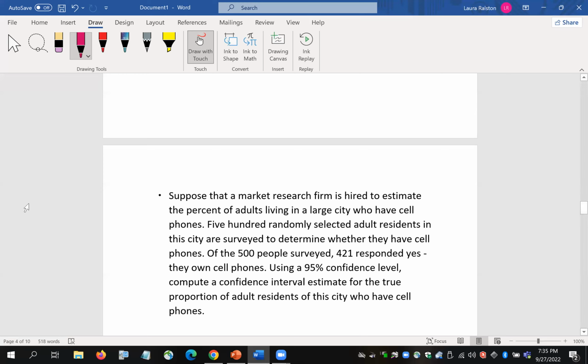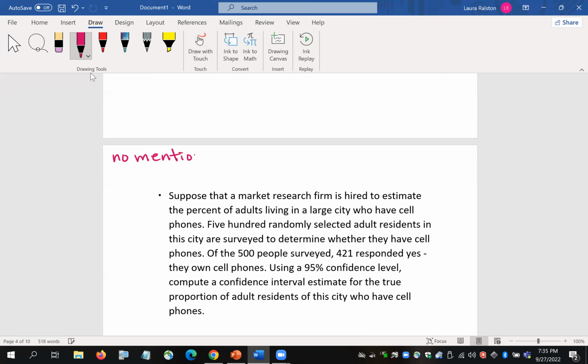Of the 500 people surveyed, 421 responded, yes, they have cell phones. Using a 95% confidence level, compute a confidence interval estimate for the true proportion of adult residents of the city who have cell phones.